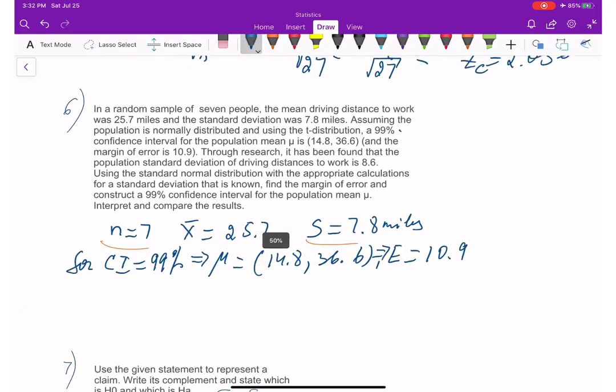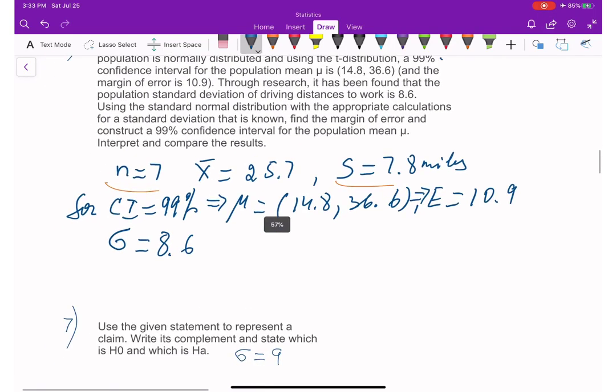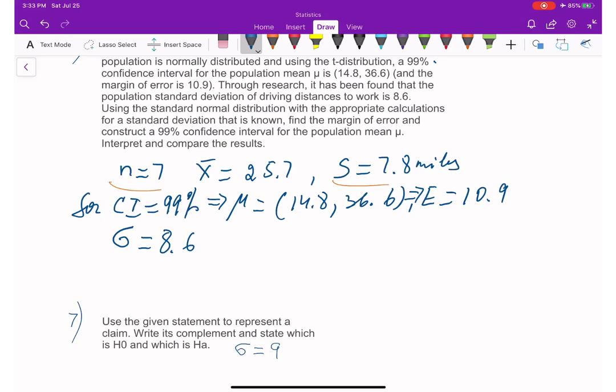Through research, it has been found that the population standard deviation of driving distance to work is 8.6. Using the standard normal distribution with appropriate calculation for the standard deviation that is known, find the margin of error. So we need to find the margin of error for this sigma. Don't get confused.